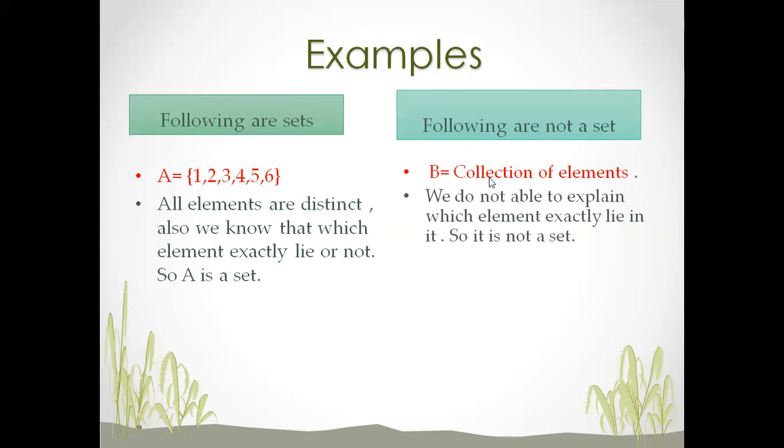For example, I say I have some collection of elements, but I am not able to explain which elements exactly lie in it or which do not. For example, I say collection, but I do not decide which elements belong to it and which do not. That's why it is not a set.